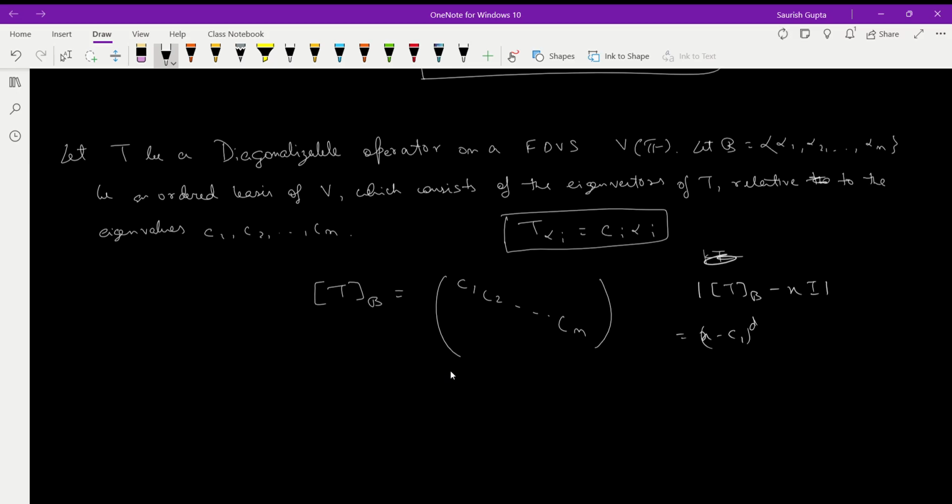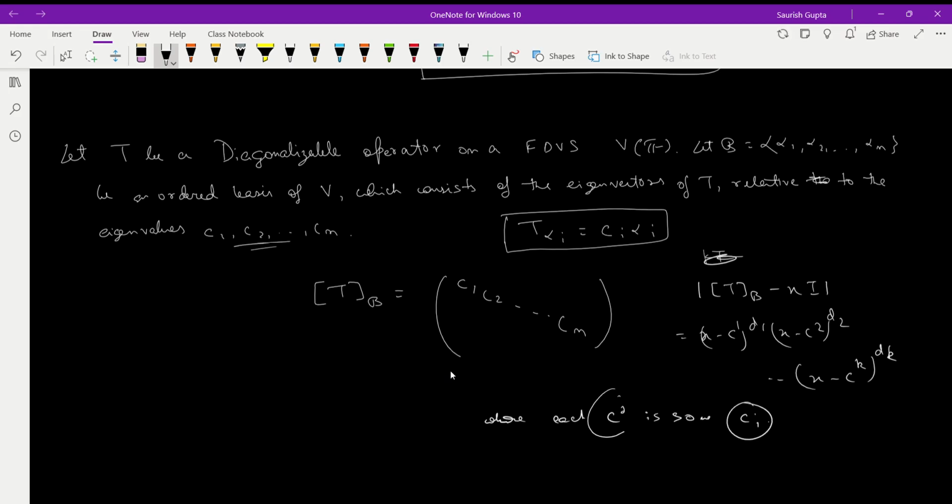And suppose this is of the form x minus c1 to the power d1, or rather I should slightly change the notation of these eigenvalues. So it's like, say, (x minus c1)^d1 (x minus c2)^d2, and so on till (x minus ck)^dk, where each cj is some ci.